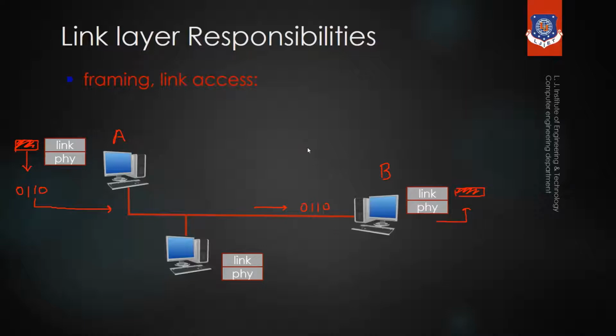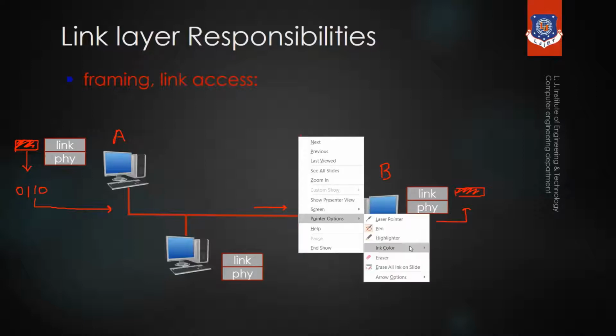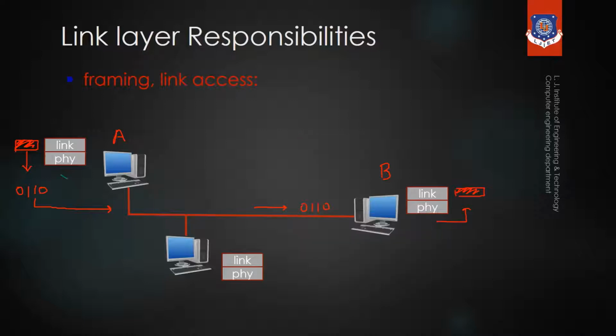Suppose there are two devices that are transferring the data at the same time. So device A is also transferring the data and device C is also transferring the data. So when device A wants to transfer data, the frame will be generated, and when that frame is transferred to physical layer, it will be converted into bits.